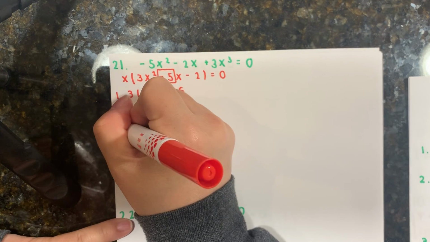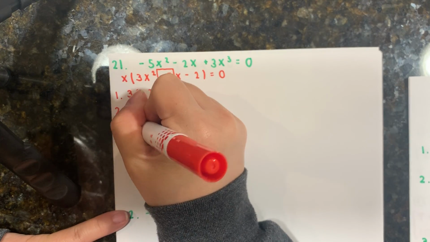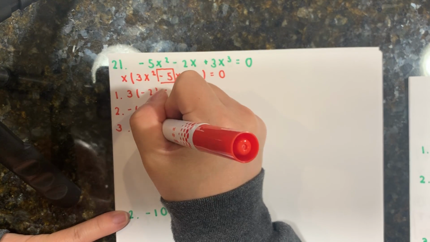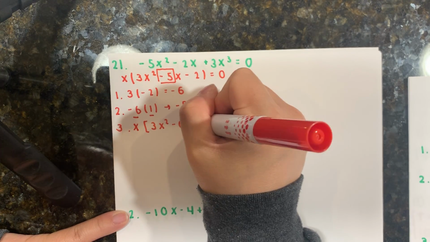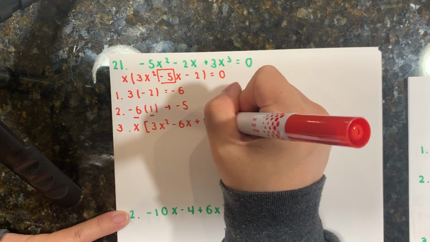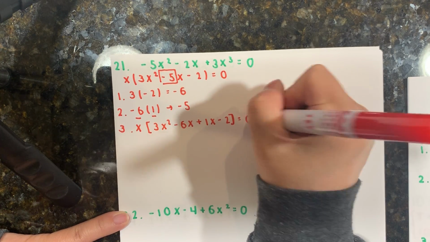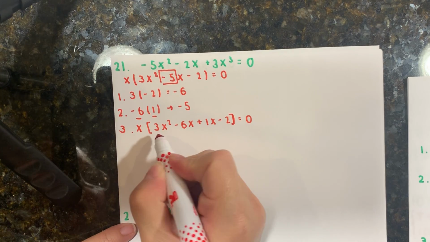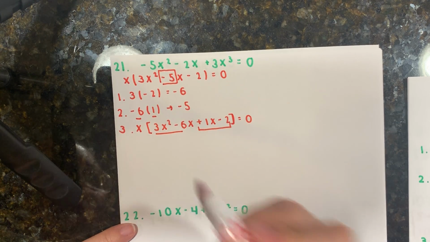So for step number 3, instead of negative 5x, you're now going to have 3x squared minus 6x plus 1x minus 2 equals 0. Now you're going to separate these into two separate parentheses. These would be your first two. These are your second two.